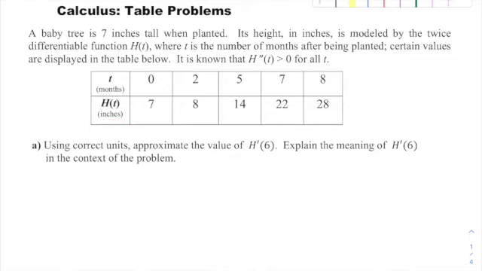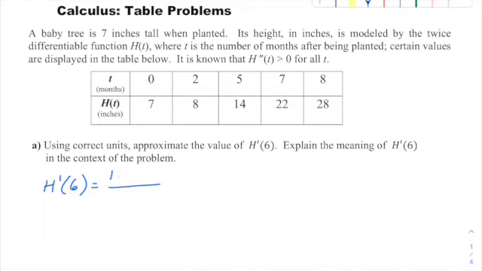There's nothing about 6 in the table, but it occurs exactly halfway between 5 and 7. So the best way to approximate the instantaneous slope is to do the average rate of change, or the slope of the secant line, with the 2 surrounding points.